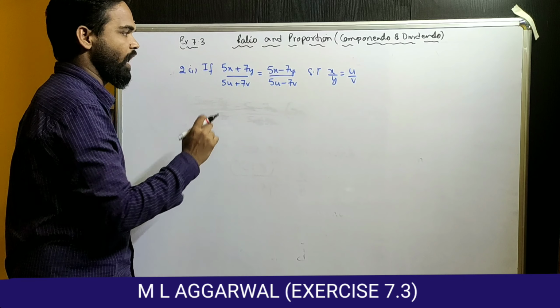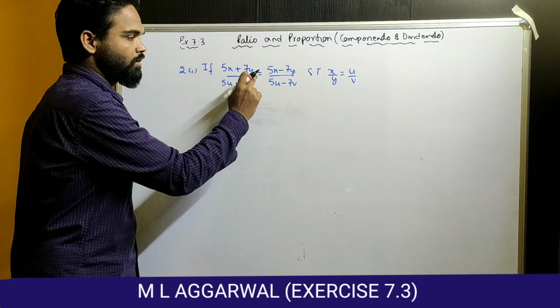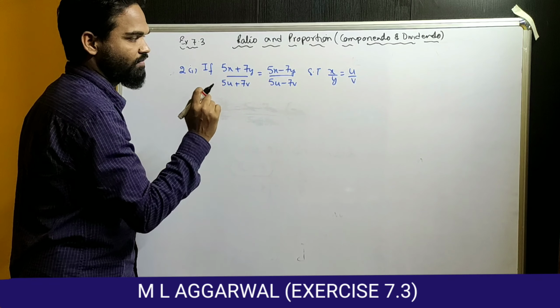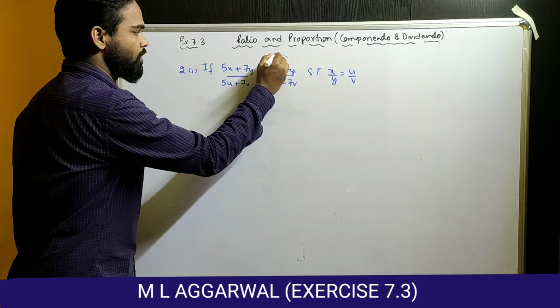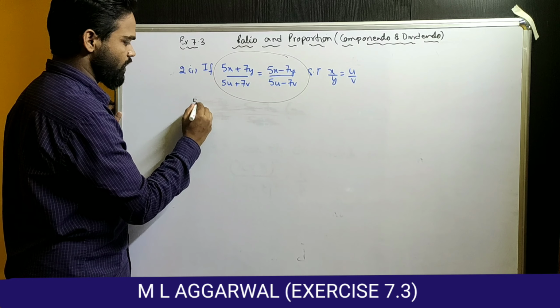Now look at sum number 2 part 1. If (5x plus 7y) by (5u plus 7v) equals (5x minus 7y) by (5u minus 7v), show that x by y equals u by v. Very simple. First write what is given to us.